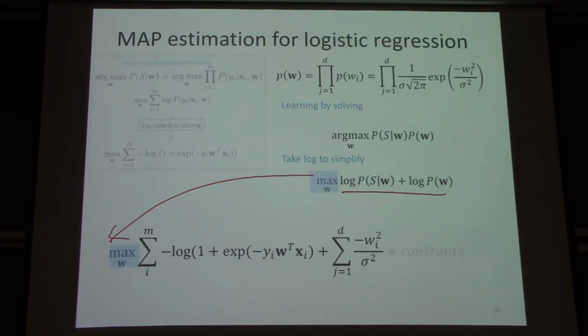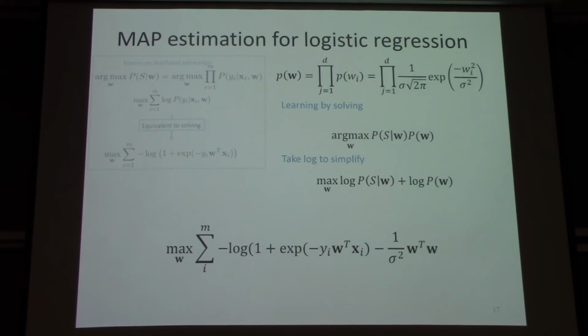Okay, so the goal of learning a logistic regression classifier under the MAP criterion is equivalent to solving this optimization problem. So let's clear this slide out and take only the optimization problem. I want to maximize the sum of some term.